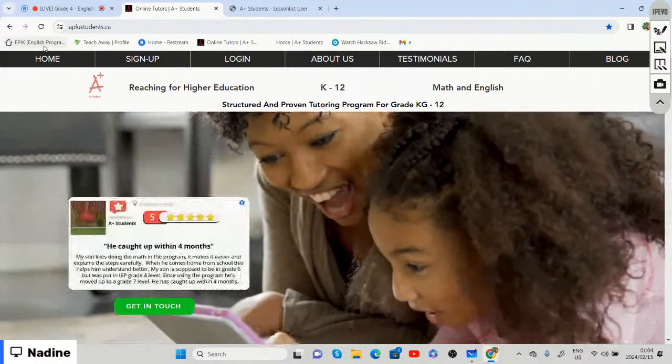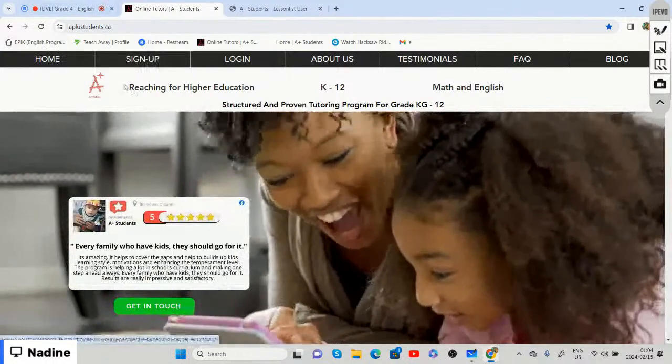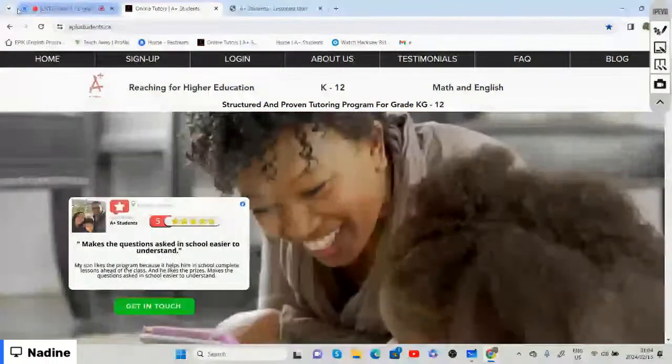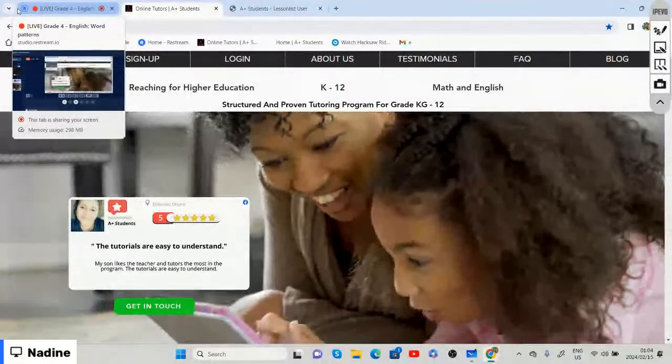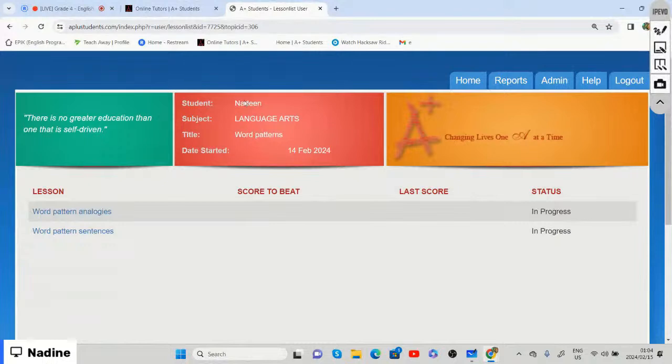So we said we are doing our lesson on word patterns. We've logged on to aplusstudents.ca with our username, selected the subject of language arts grade 4, and now we're going to scroll down until we get to our chapter of word patterns.